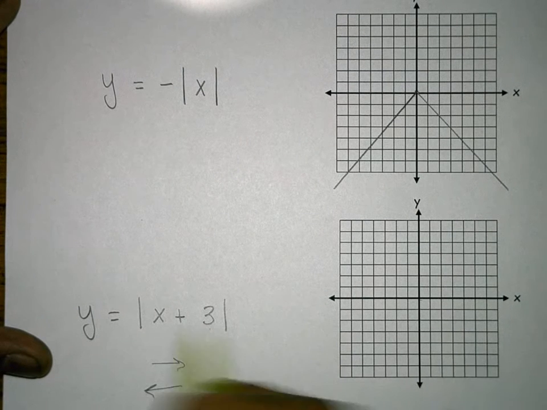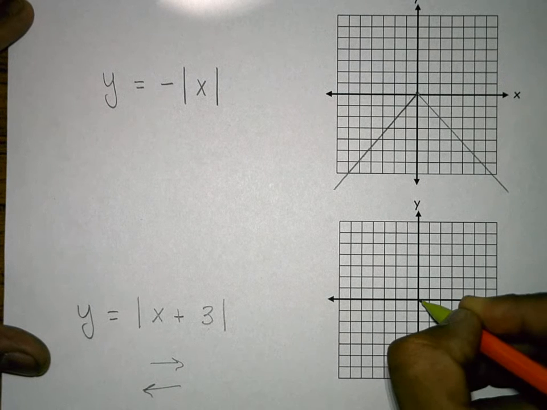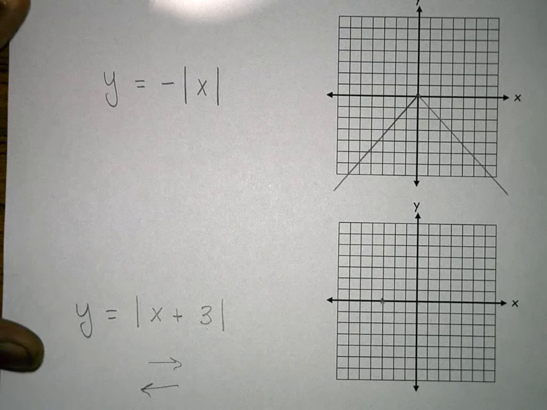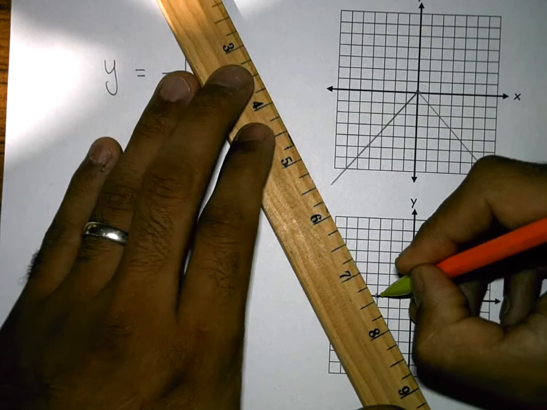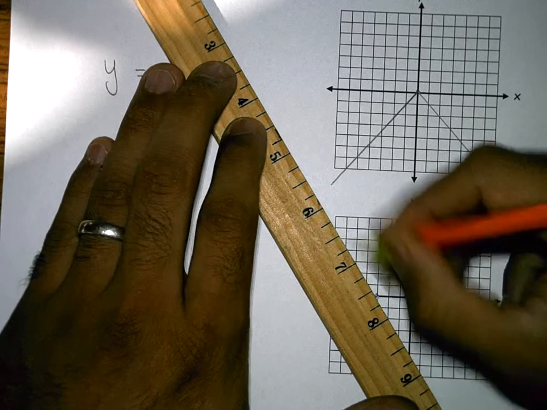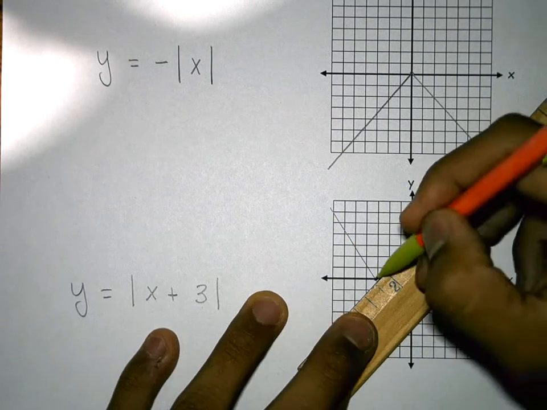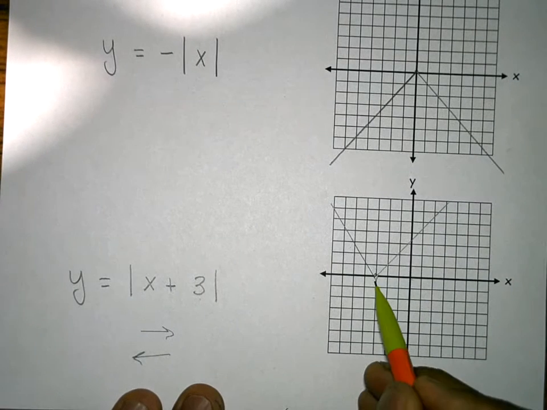Positive's in the right direction, but since it's inside the absolute value, it actually goes the other way. So instead of starting right here, I'm going to go 1, 2, 3 spaces to the left. I know it seems like it's backwards, but there's a reason why. And then I will draw the same one as my parent function. It just happens to be going 3 spaces to the left.